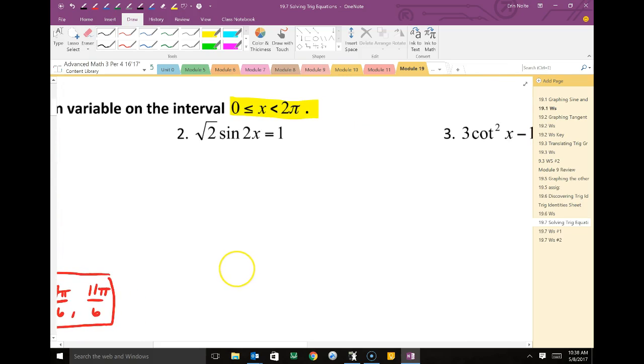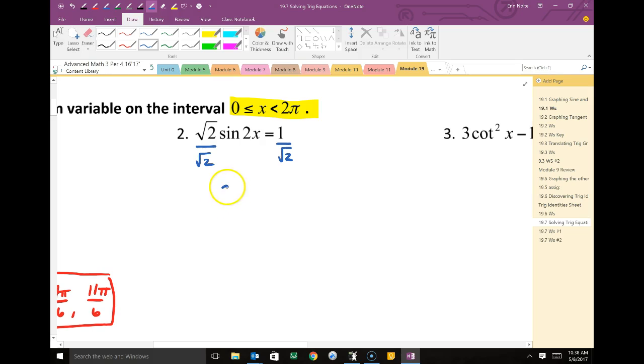Number 2. So we have the square root of 2 times the sine of 2x is equal to 1. Okay, so I'm going to isolate the sine. What would you do first? Yeah, I would divide by the square root of 2 first.